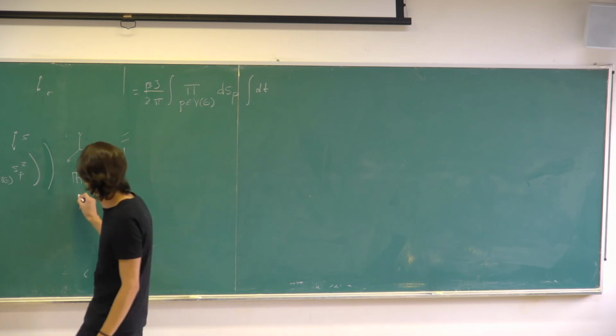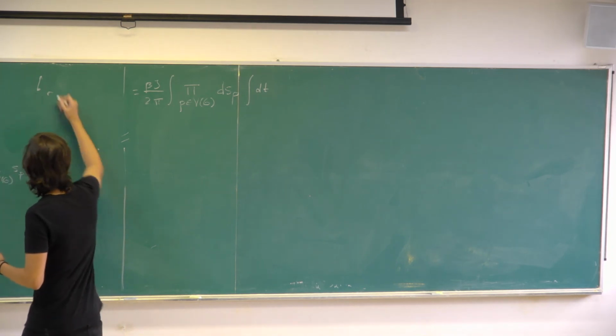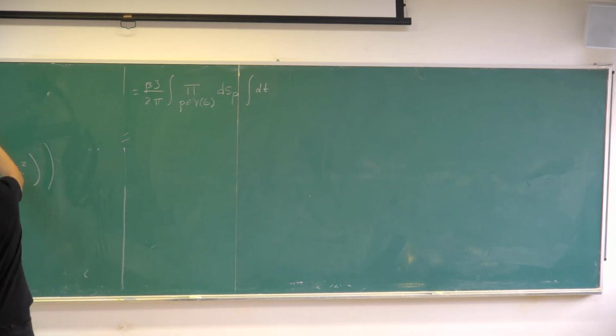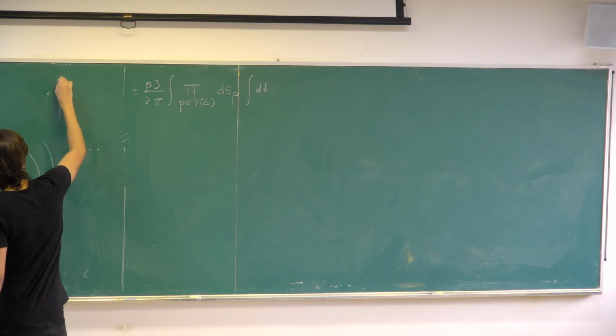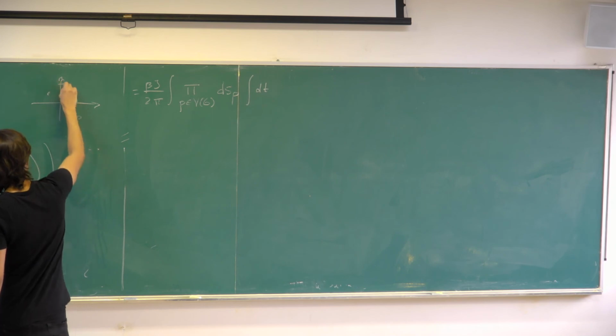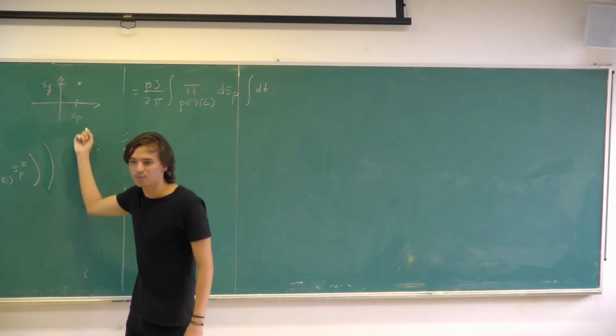I'm considering the sphere S^(n-1). So for example, if n equals 2, so only p and q, I draw a Cartesian plane, I draw s_p here and s_q here, and this is the point that I'm considering, the point (s_p, s_q).